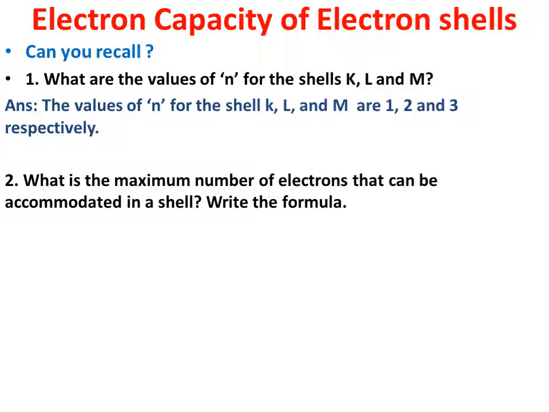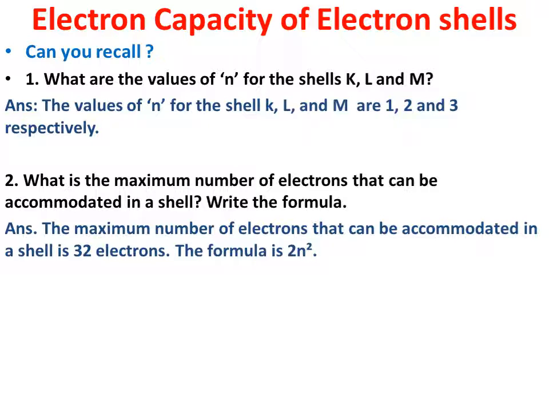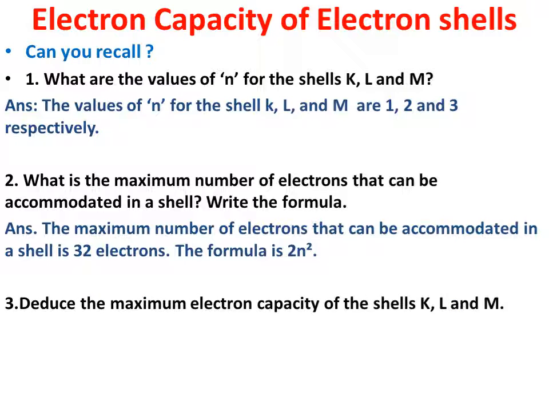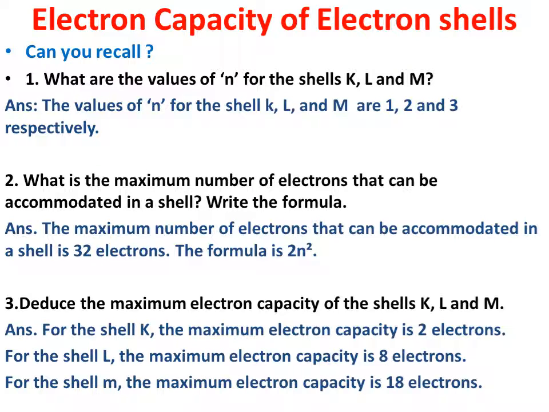What is the maximum number of electrons that can be accommodated in a shell? Write the formula. The formula is 2n square. Deduce the maximum electron capacity of the shells K, L and M.